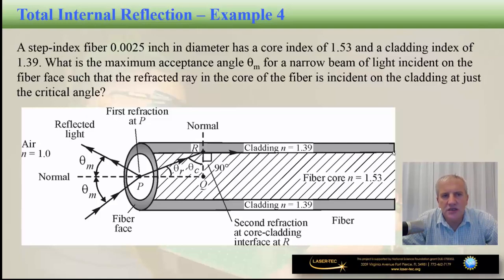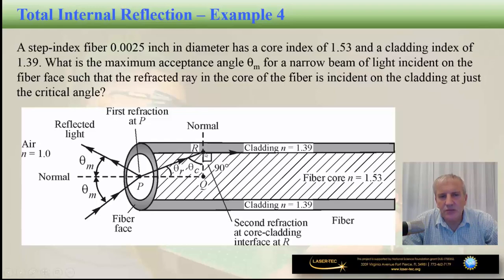So you can see here that we are analyzing a so-called step index fiber that's 0.0025 inch in diameter, has a core index of 1.53 and a cladding index of 1.39. We would want to figure out what is the so-called maximum acceptance angle, as well as what is the critical angle that is going to enable total internal reflection at the point R.